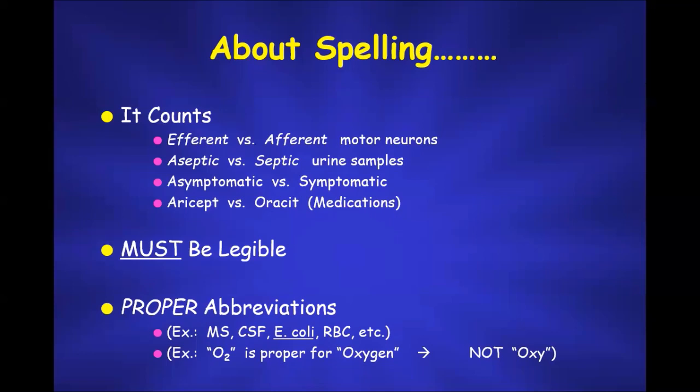If the doctor orders Aricept and you wrote Oricept because that's what you thought you heard, one letter difference kind of thing, or it just sounds alike. Aricept with the A is a medication for Alzheimer's disease, whereas medication with Oracet with an O is changing the pH in the person's blood. So you could see where these lab errors are because of spelling.